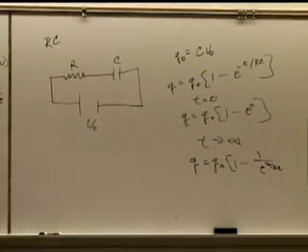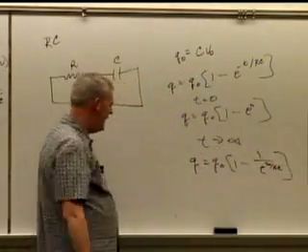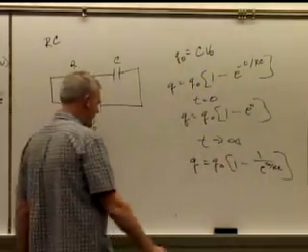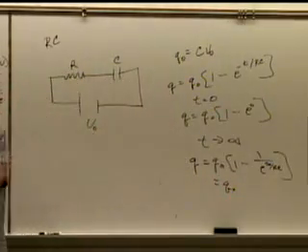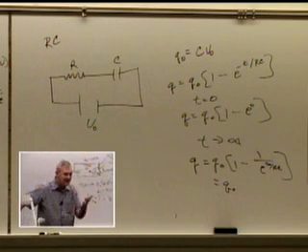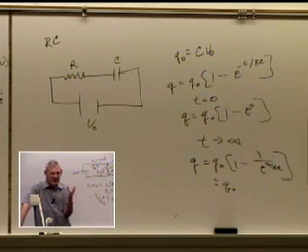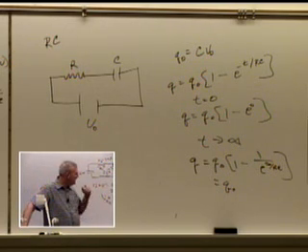Anytime you got something running to infinity in the denominator, what happens? It goes to 0, so this equals Q naught. That's what y'all are doing. Because at 0, it's charging up. It has no charge yet. And then we get it to keep running.